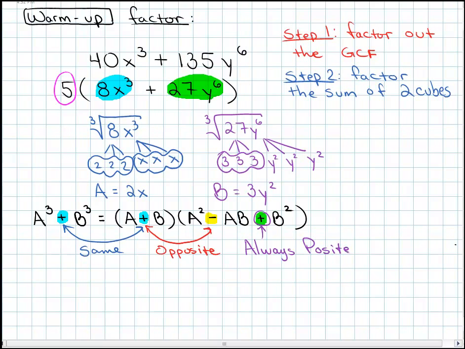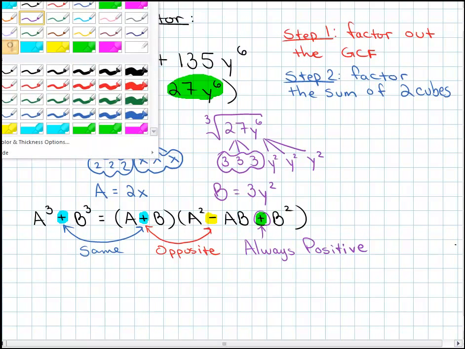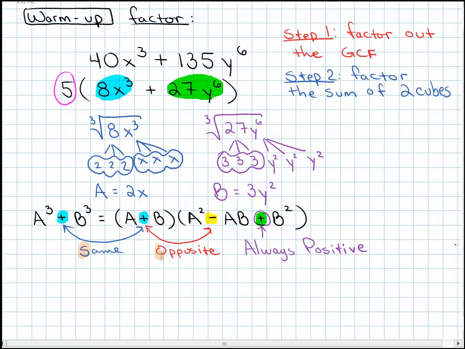If we look at the first letters of each one of those words, it spells out the word SOAP. S-O-A-P. That's a little mnemonic device to help you remember the order of the signs. If you're having trouble remembering the variables, the a's and the b's, you'll have to find another way to remember those.